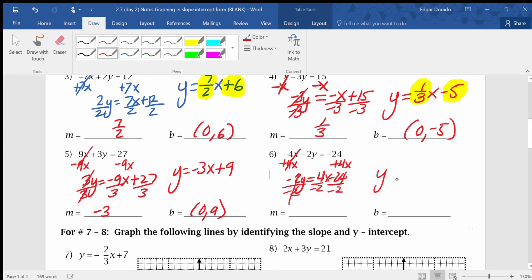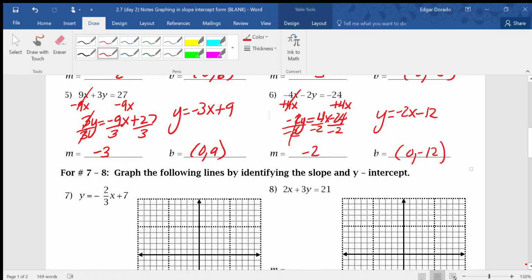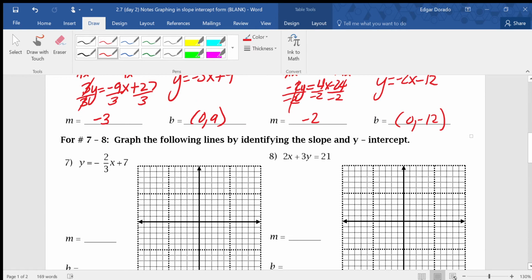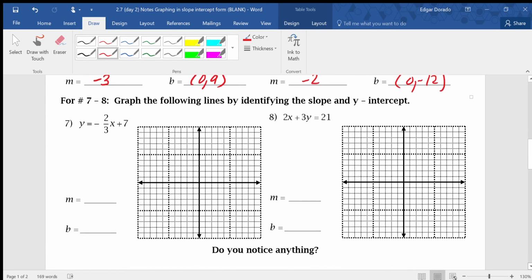I get y equals -2x minus 12. All right, so a slope of -2 and a y-intercept of -12. Hopefully you guys checked your answers. Make sure they match mine. If they don't, like I said, double check your work or double check my work. Maybe I made a quick error.